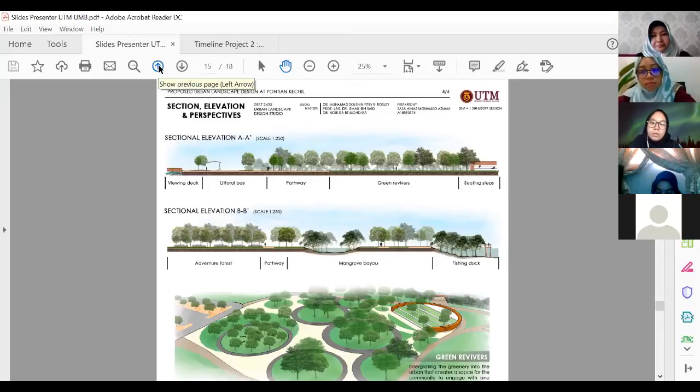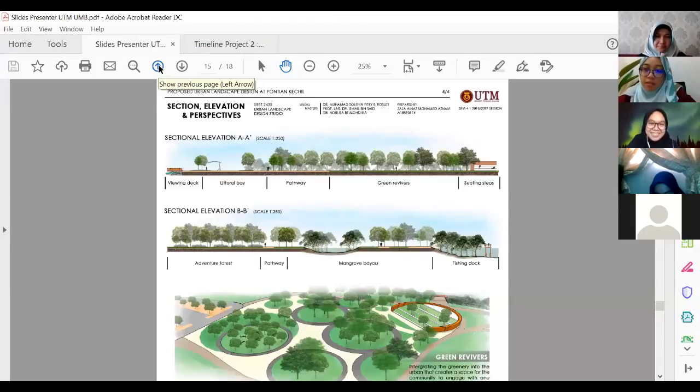The mangrove area will be slightly lower than the main area, the site, so it will help to withstand the flood. But actually in Pontian Kecil, there has not been a flood issue within the area, even though it is located beside the sea level. So that is one of the reasons. Does that answer the question?